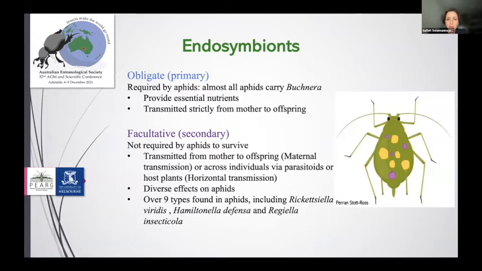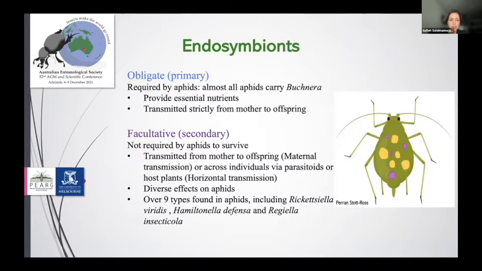So what are the endosymbionts that we are working on? There are two different types of endosymbionts in the aphids. One of them is obligate or primary endosymbionts like Buchnera that are required for the aphid to survive because they provide essential nutrients for these aphids, and they can only transmit from mother to offspring, so maternal transmission.